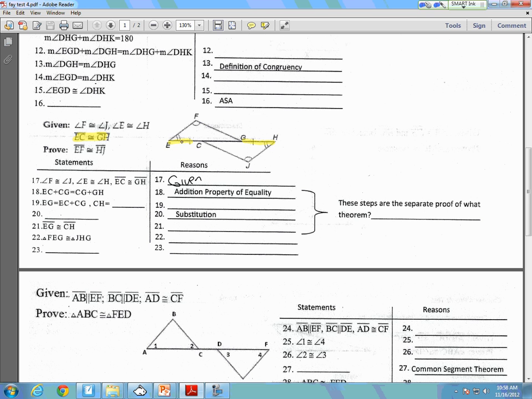But if I take EC and GH, they're the same value. They're said to be congruent. And if I take EC and add to it CG, and then I take GH and add to it CG, I get two new segments. I get this segment here, E to G, and I get that segment there, C to H. But because EC was congruent to GH, and I've added the same purple segment to both those yellow segments, the things I have in braces here, those new segments that we get, our results, should still be equal.